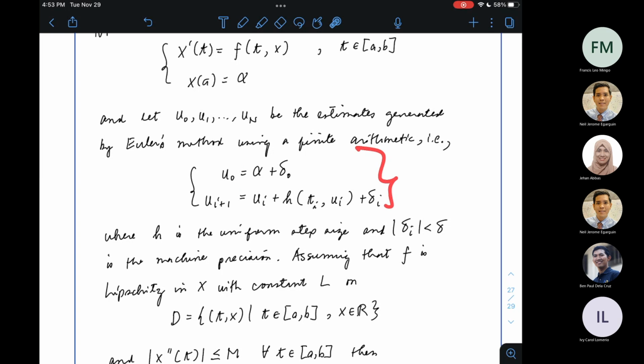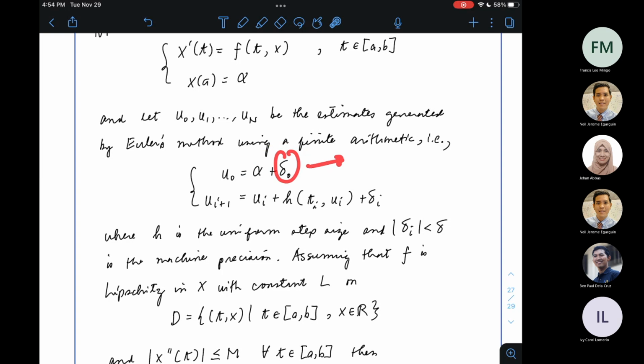So this is from the machine's perspective, or the machine's point of view. This is what the machine does. The initial condition in our Euler iteration I called U sub 0 because it is not the exact alpha. Alpha is converted to its floating point representation. So it could be written as alpha plus delta sub 0.